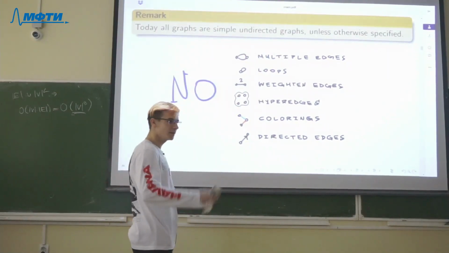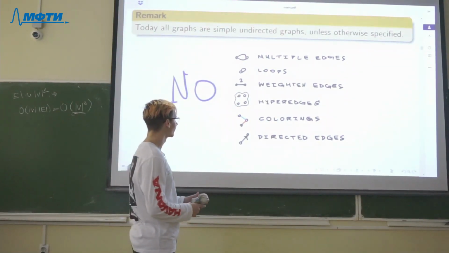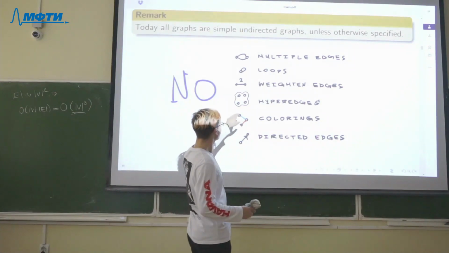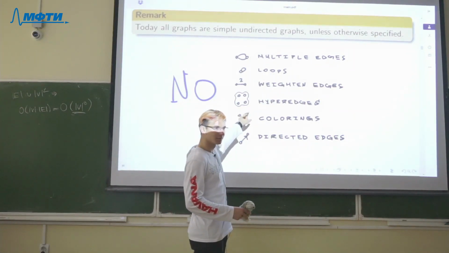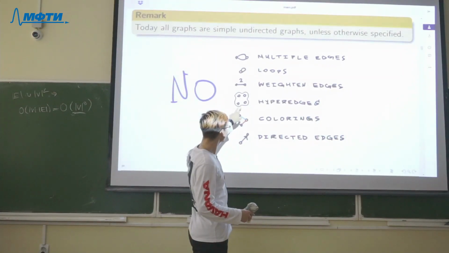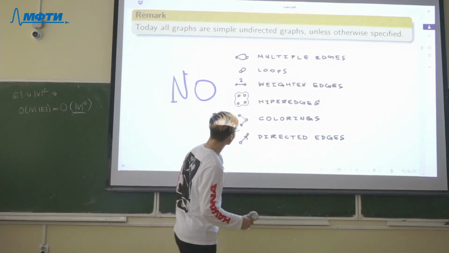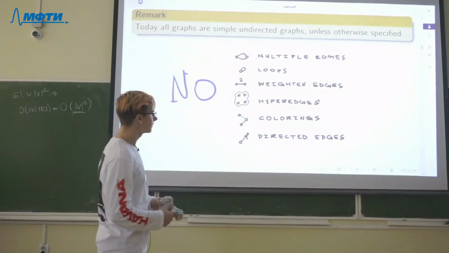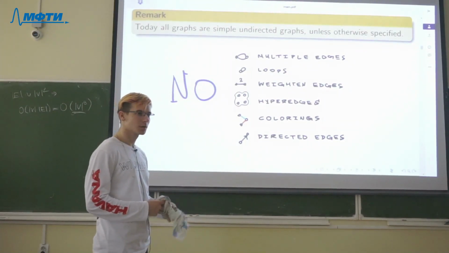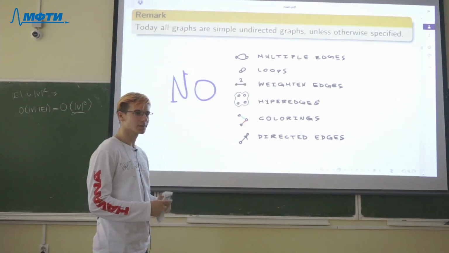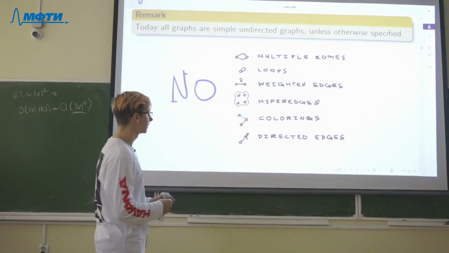In the common case of graph, we can have hyperedges. It's a subset of vertices. So if we have hyperedges, it connects more than two vertices.